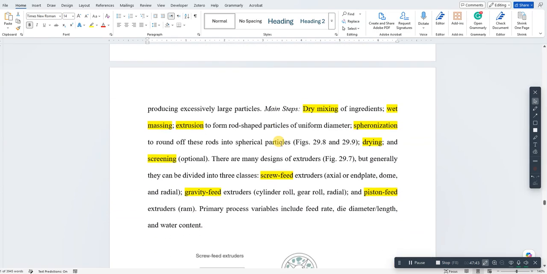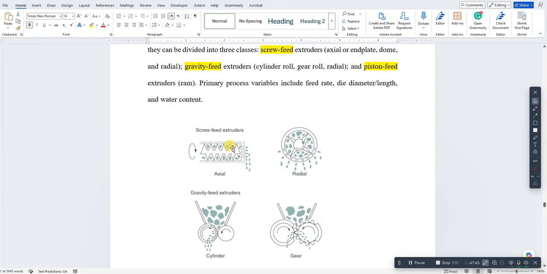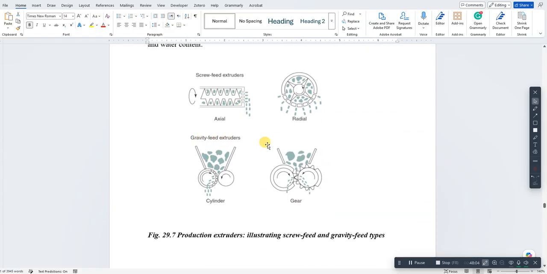How does this happen? You will see here some different types of extruders. This is an axial extruder, screw feed extruder, or the auger extruder. This rotates, forcing the wet mass through small holes. We have radial, we have gravity. We have also the piston type.